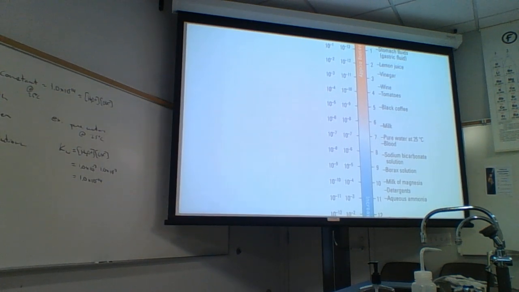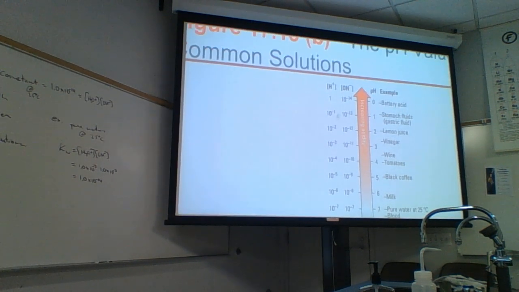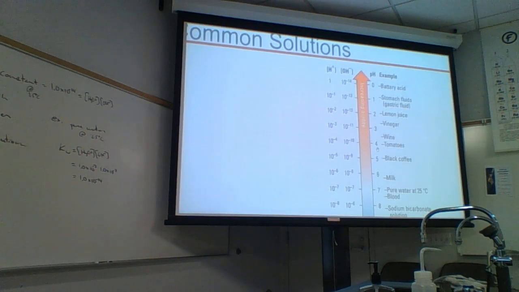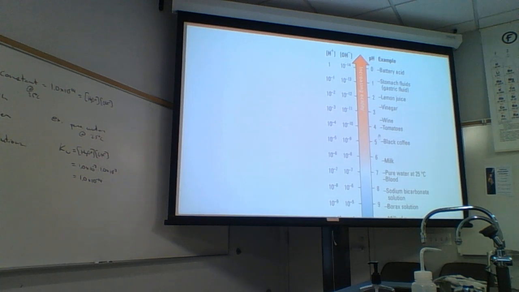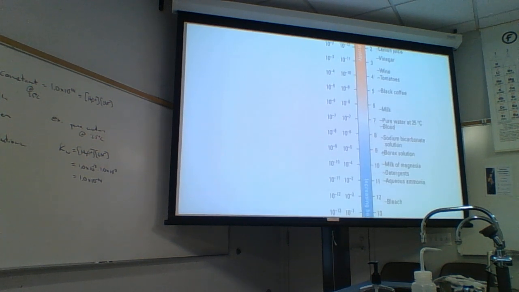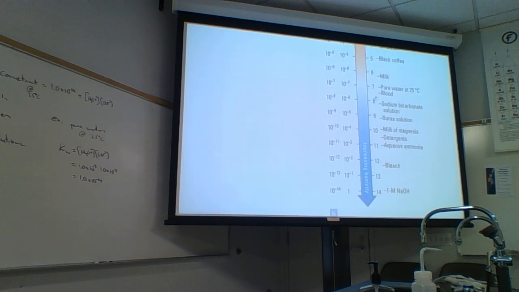We have strongly acidic solutions would have low pH here. Neutral would be 7. Weakly acidic would be like 5, 6. Milk is weakly acidic. Strongly basic, now the hydronium goes way down.